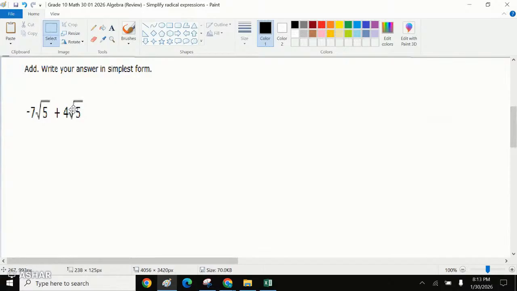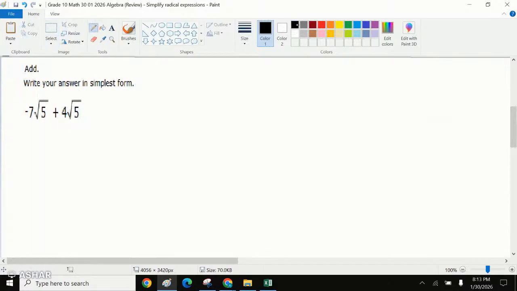If this is the question given to us and they're asking us to add them and write them in the simplest form, for question number 5, if I would say minus 7x plus 4y, in place of radical, if we had x written, so the x stays as it is, right? And what we can do is minus 7 plus 4. And we know that 7 minus 4 would be 3, the sign of the greater number, and x comes over here. In algebra, we know this is done in this manner.